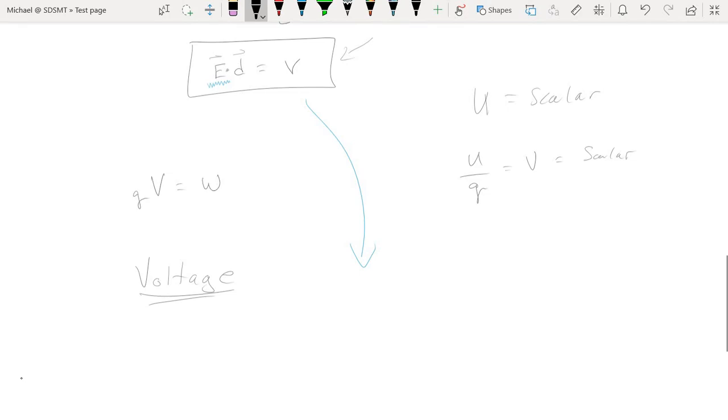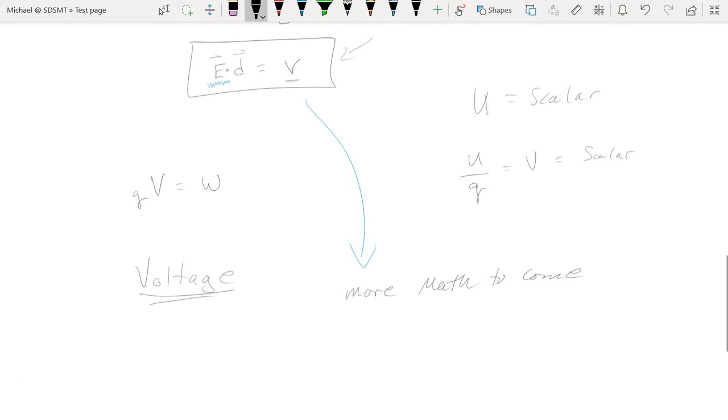But we already know from past experience that we don't have a whole lot of uniform electric fields out there. Our electric fields are constantly changing as we move through space, which means that our electric potential is going to be changing as we move through space. So there's more math to come.